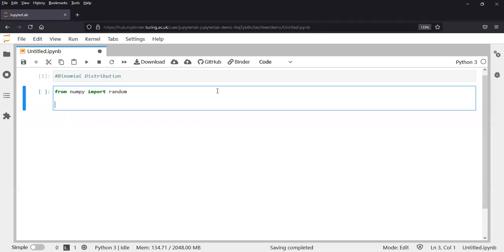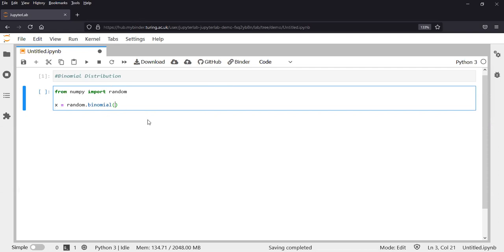It's a random built-in method, and we can create our x and use the random method to call the binomial distribution.